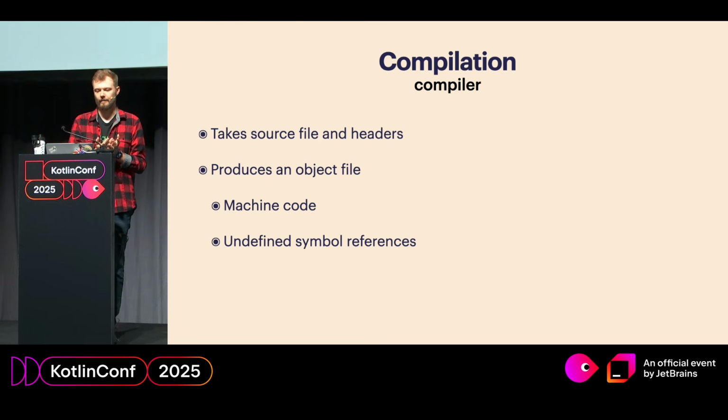That will not work. It has these undefined symbol references, which are basically pointers to things that you don't have in your file. So your source code, if you think of your class in Kotlin, whenever you use another class, that would be an undefined reference somewhere else. You don't know where it is, you just know that it should exist, and it should have this name.